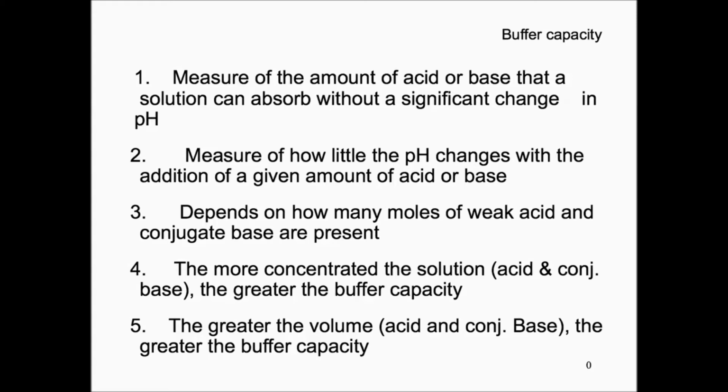So the relative amounts of the weak acid and the conjugate base as well as the absolute values, both of those are going to define the capacity of a buffer. That means how much of the added acid or base it can effectively neutralize. And so one can determine a range that the buffer is going to work in. That's what this next section is going to focus on.